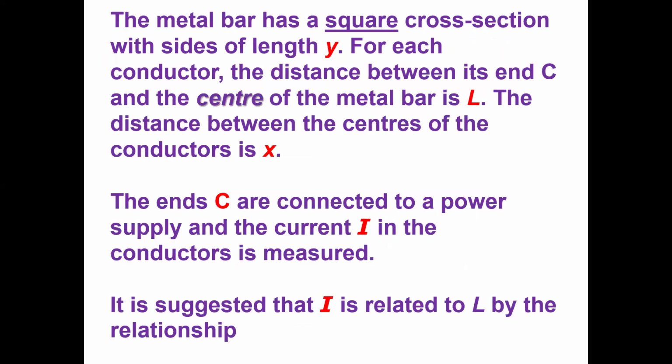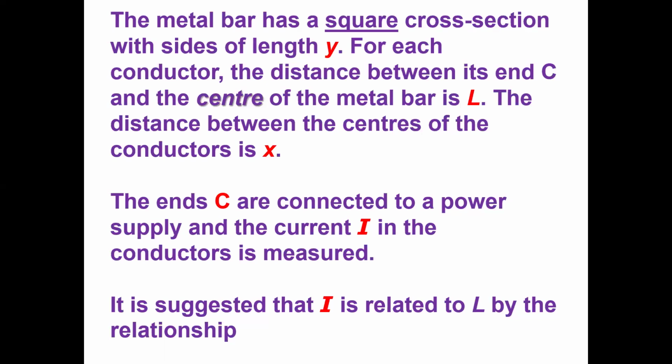Now look at this. The metal bar has a square cross section with sides of length y. For each conductor, the distance between its end C and the center of the metal bar is capital L. The distance between the centers of the conductors is X.